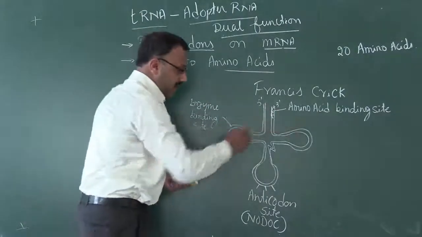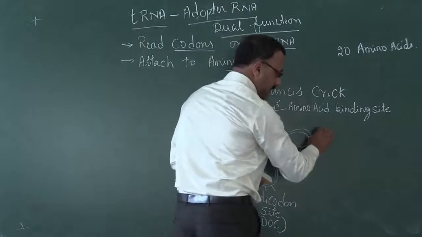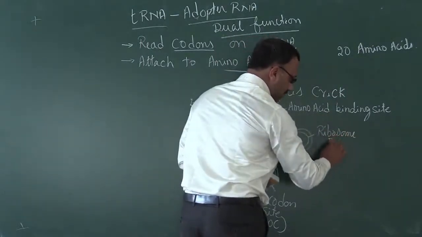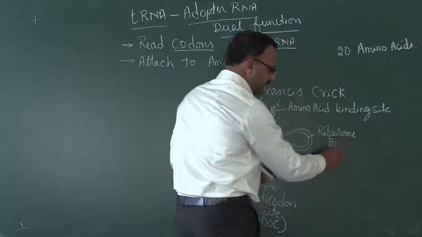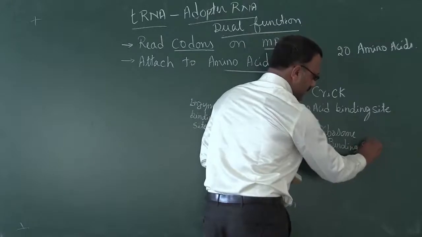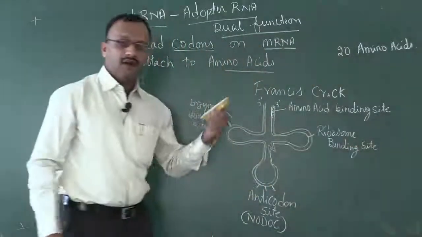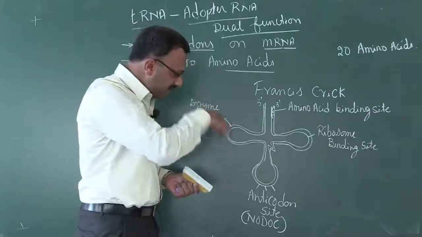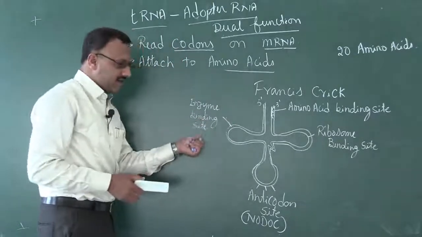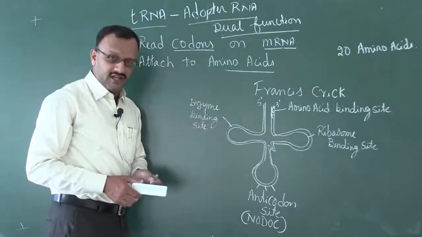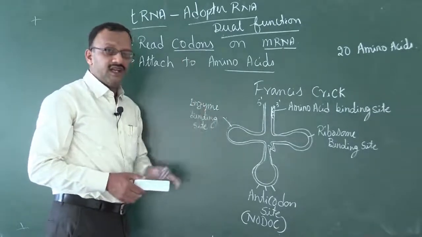The opposite end is called the ribosome binding site or ribosomal attachment site. The ribosome site and enzyme binding site will help in the process of translation, which is nothing but protein synthesis.